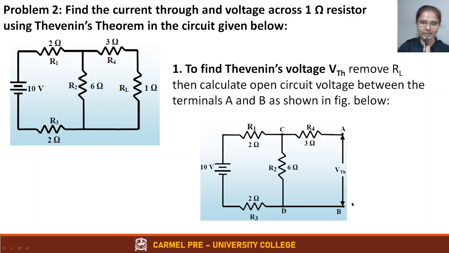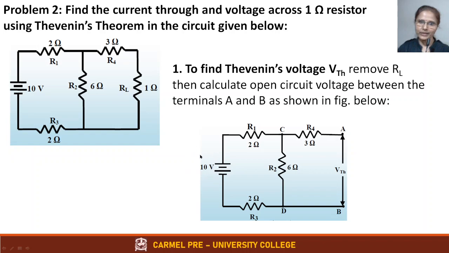This VThevenin is as good as seeing across CD, or across the 6 ohm resistor. So you have to find the current flowing through 6 ohms, multiplied by 6 ohms, which will give you VThevenin. To find the current flowing through 6 ohms, you have to find the loop current here, I. So when you see this loop, since it is open circuited here, this is as good as not present. You just have to look at this loop.